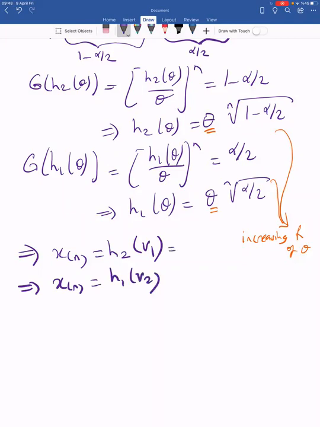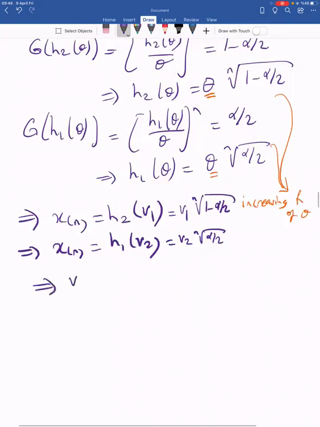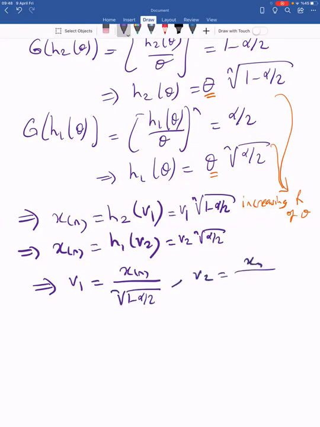So here we replace theta by v1 and v2. Then our lower bound v1 will be the nth order statistic over the nth root of 1 minus alpha over 2, and v2 equals the nth order statistic over the nth root of alpha over 2.